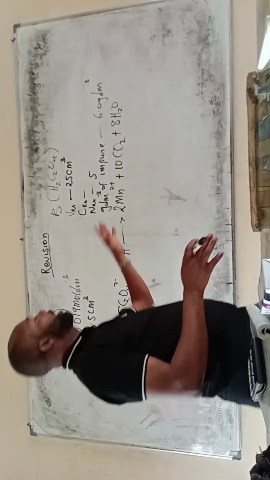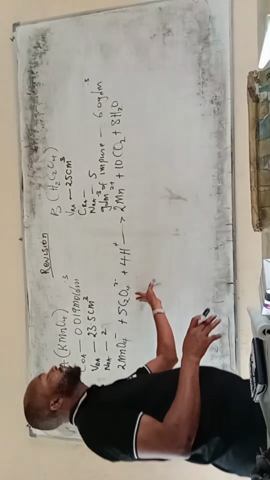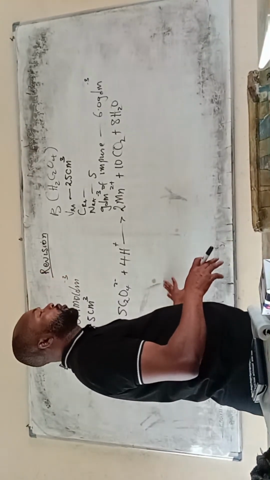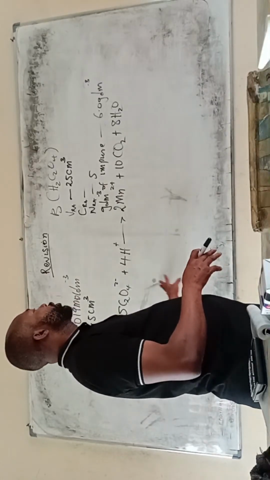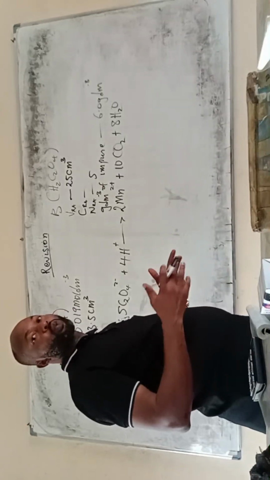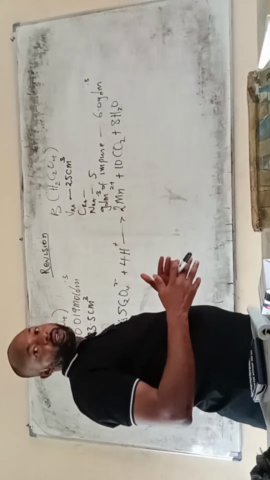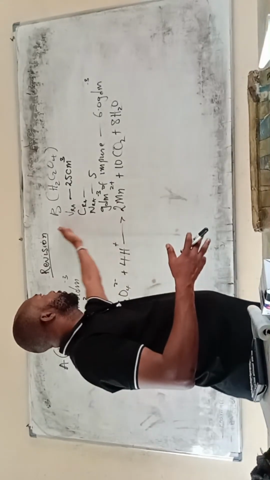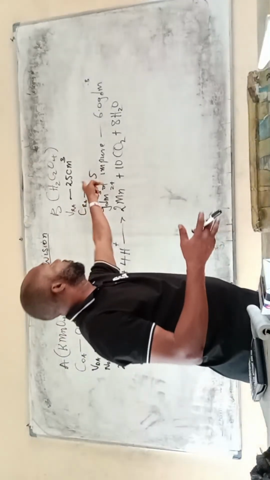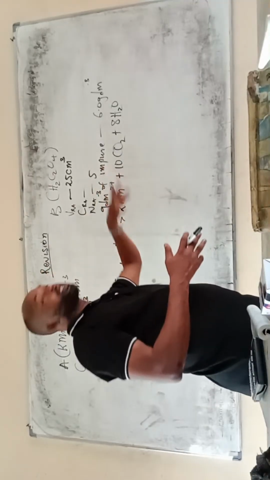Now, for us to get our percentage impurity, we remember that percentage impurity is mass concentration of impure minus mass concentration of pure, over mass concentration of impure. Mass concentration itself is molar concentration times relative molecular mass of B. The molar concentration is not given here, so we have to calculate it first before we can get the mass concentration of pure, because impure is already given.